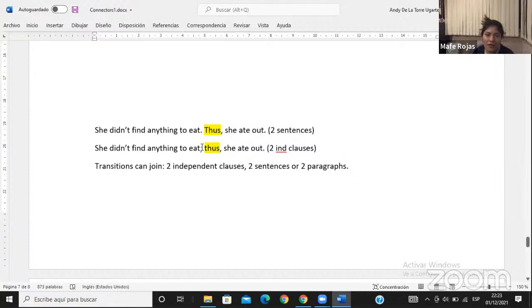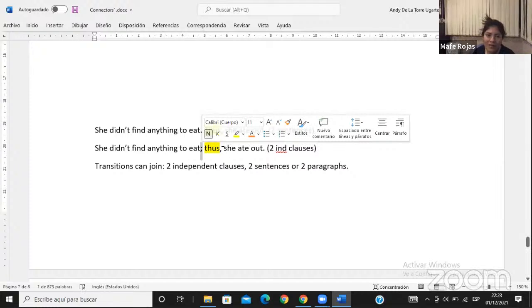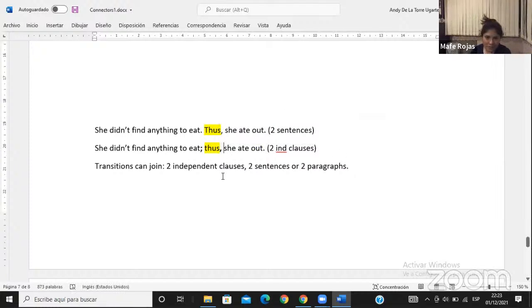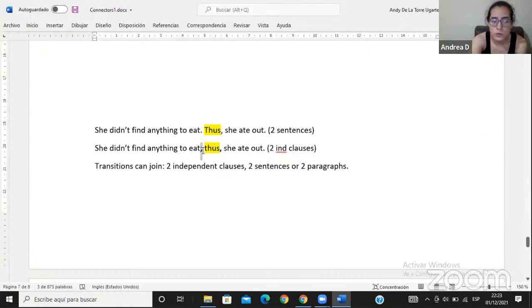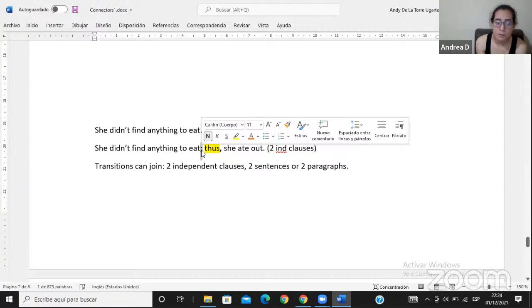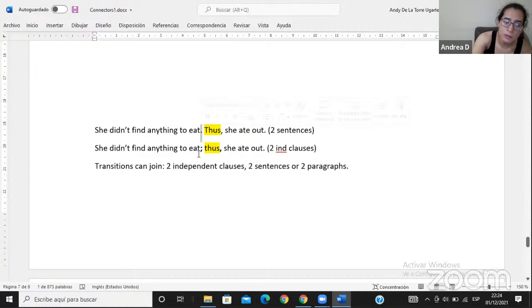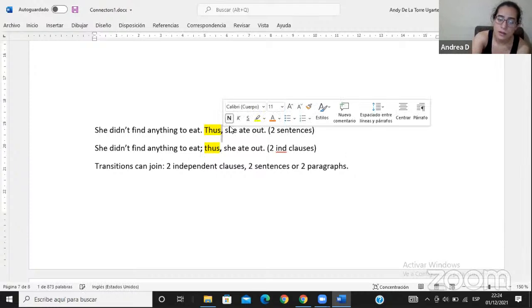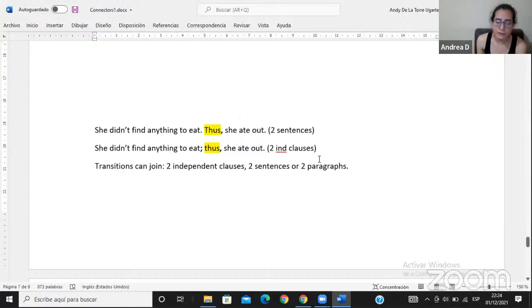It's a semicolon instead of a period. Remember, if it's two independent clauses and you don't have a FANBOYS conjunction, you need to use a semicolon or a period. So it's the same here. You need to use a period or a semicolon. And after the transition, you always, 100% of the time, need a comma. Every time you use a transition, after the transition, you have to use a comma.